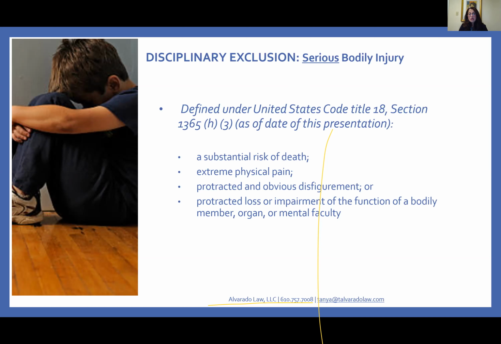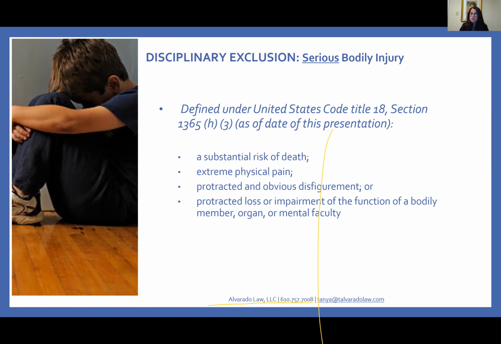If your child was very frustrated and sometimes they may flail out, a teacher may try a restraint or something, and your child harms a teacher or hits another student, or something happens. The mere fact that the teacher goes to the emergency room doesn't qualify that as a serious bodily injury. So that's something to bear in mind.